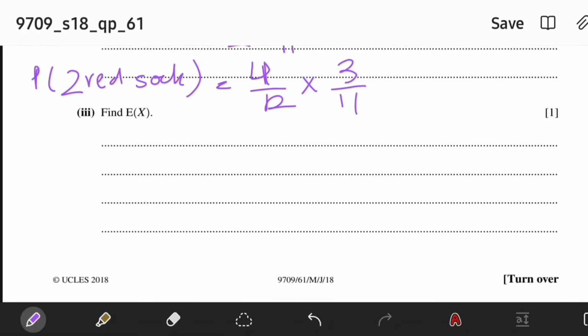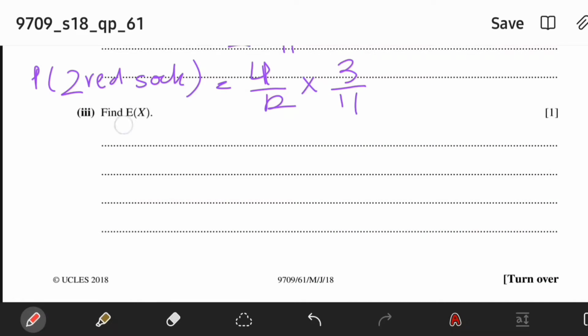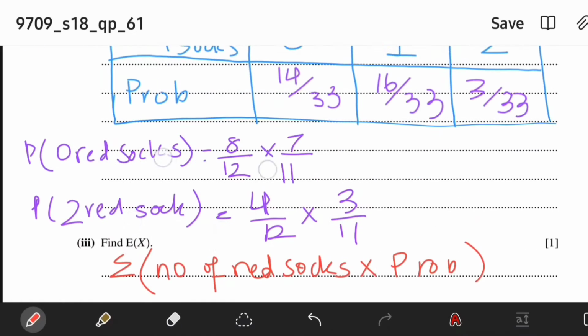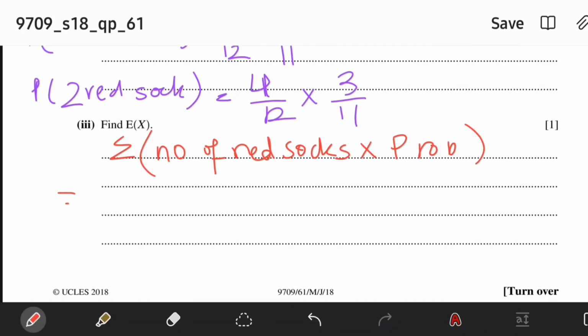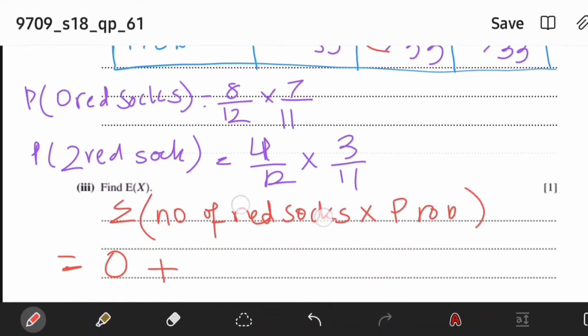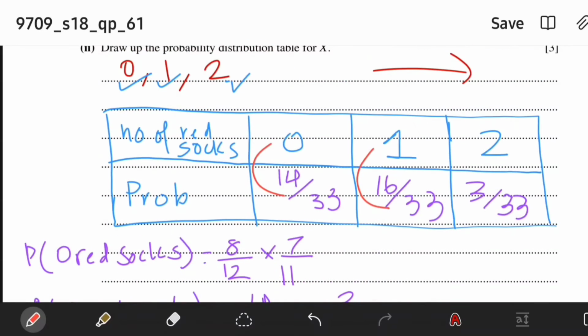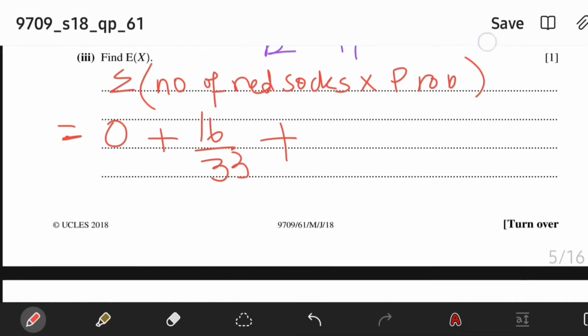Moving on, find E(X). This would just be the summation of number of socks and their probabilities. So it would be the summation of all the number of red socks into their probabilities, meaning 0 into 14 over 33, which would be 0, plus 1 into 16 over 33, which would be 16 over 33, plus 2 into 3 over 33, which would be 6 over 33.